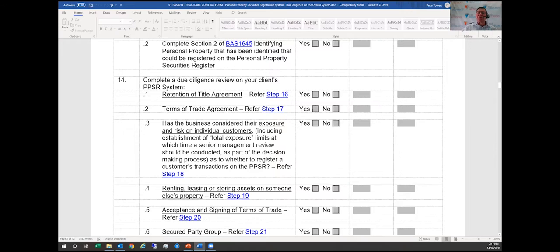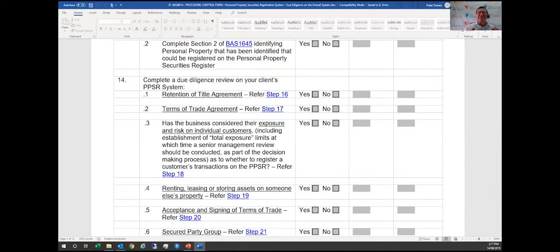It's simple. Someone made a decision that they didn't need to register a particular arrangement on the PPSR, and unfortunately, a liquidator was appointed. So it's worth repeating that where these problems emerge for businesses like your clients is if their customer or someone that they've stored property with or entered into other commercial arrangements has a liquidator or a trustee in bankruptcy or a receiver appointed.